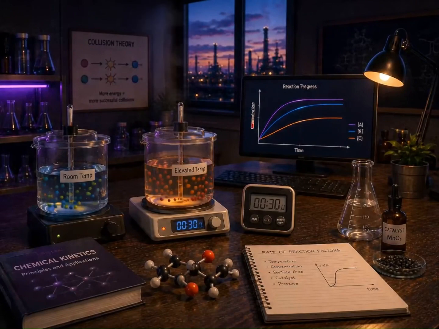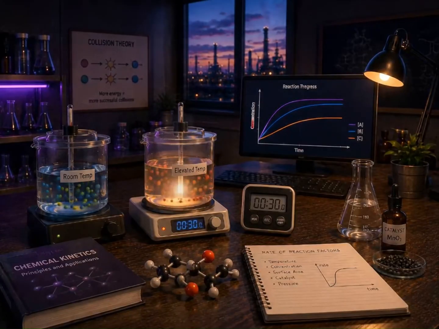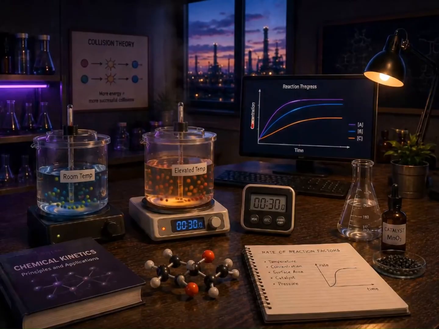This means a greater proportion of collisions are successful. So increasing temperature increases reaction rate because it increases collision frequency and increases the proportion of collisions with sufficient energy to overcome the activation energy.